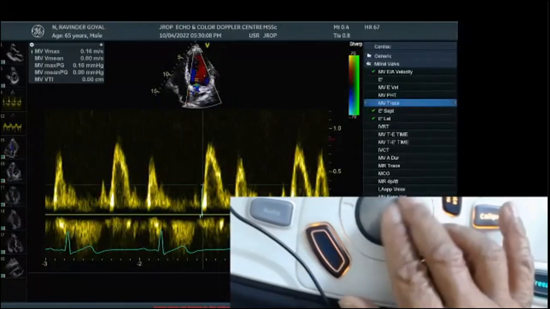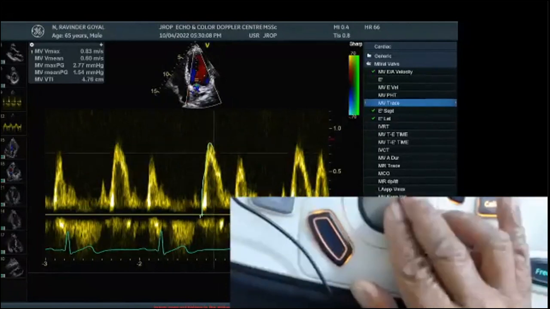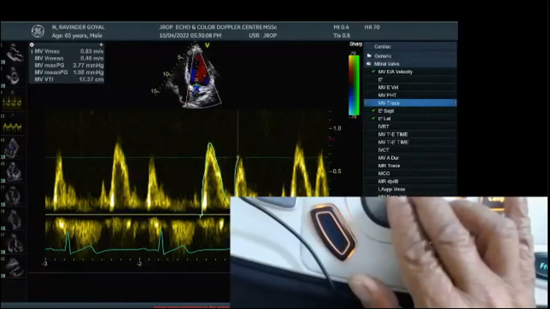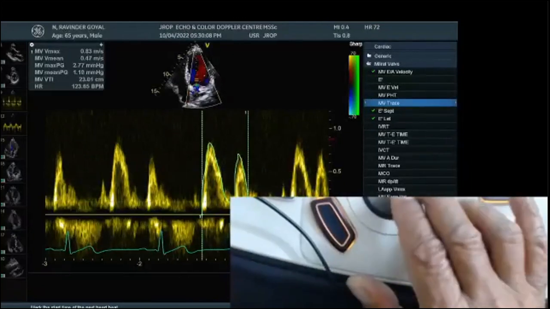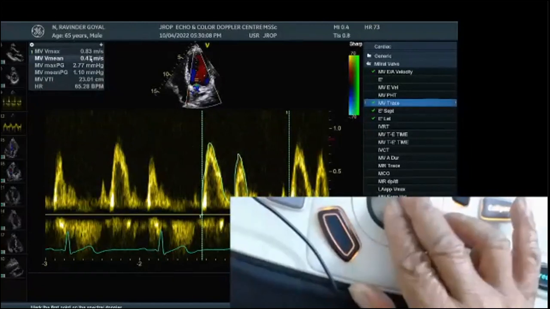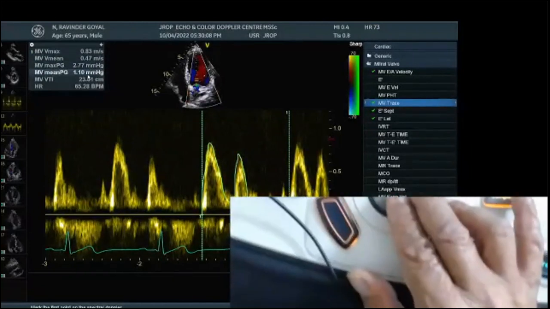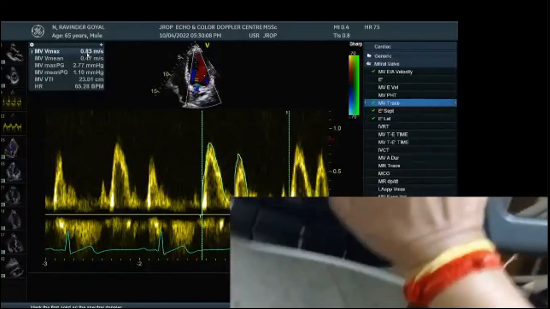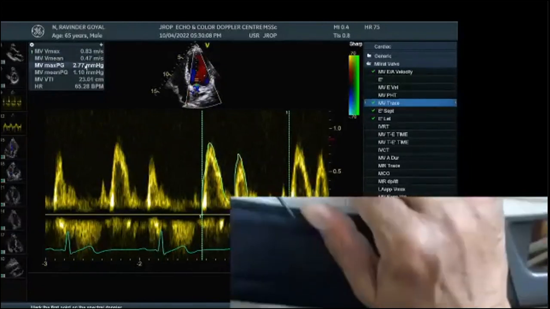from the baseline, I'll go up, bring it back, go up, bring it back, and this is what I traced: peak velocity, mean velocity, peak gradient, and mean gradient. The peak velocity gives you 4 into v square as the peak gradient.